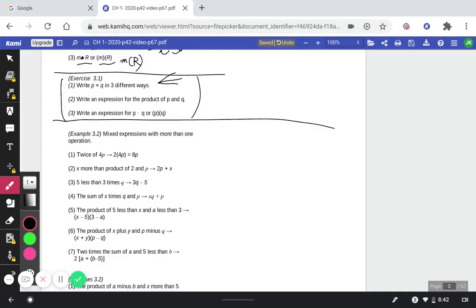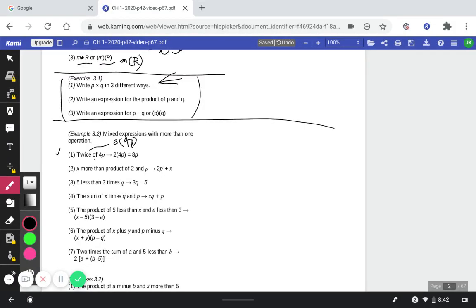Now, example 3.2, mixed expression with more than one operation. Look at number 1, twice of 4p. Twice means 2 times. Of means times again, 4p.